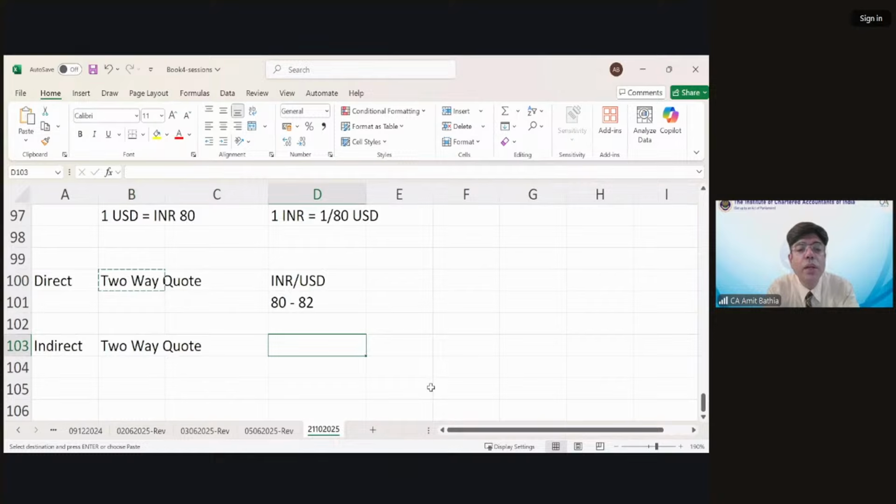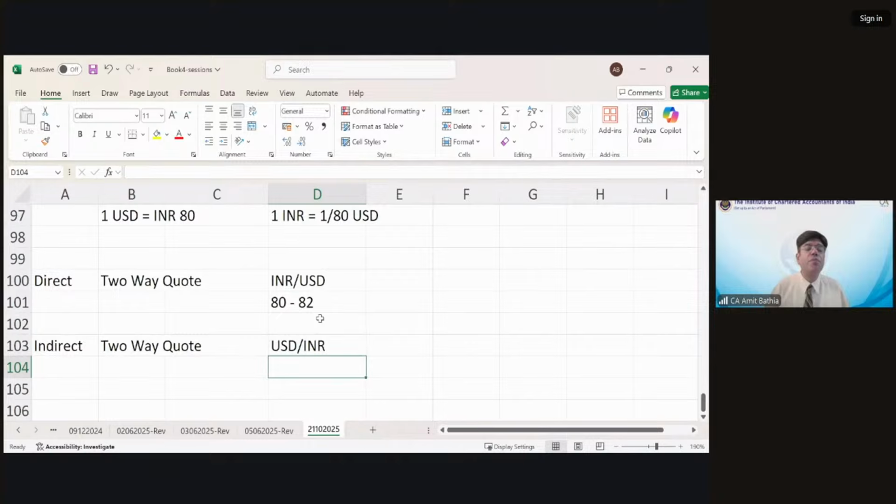Remember, now it is going to be USD upon INR, right? I'm trying to express it the other way around. So whenever I'm trying to do this, remember, it will be the reverse, that is inverse of this, right? So earlier I had 80 to 82. Now I will have 1 upon 80 and 1 upon 82. But the question arises, which will be the bid rate and which will be the ask rate.